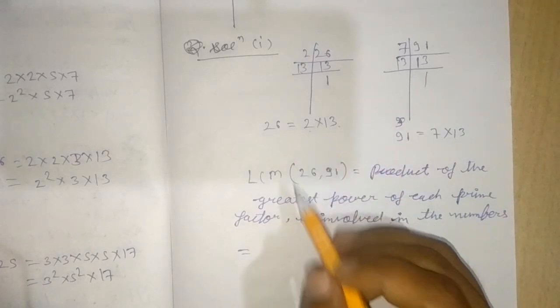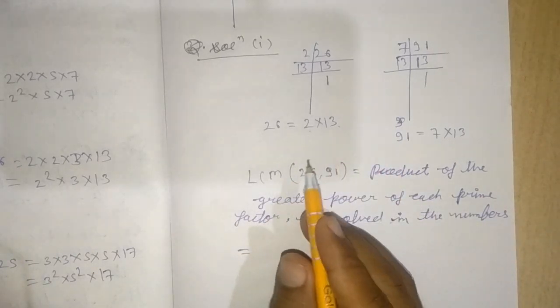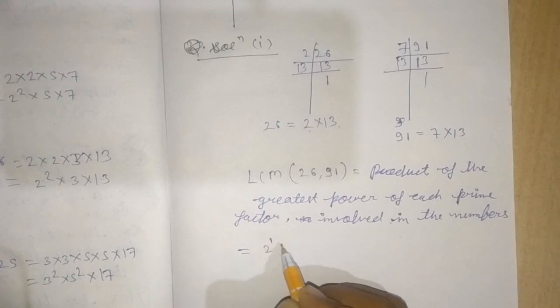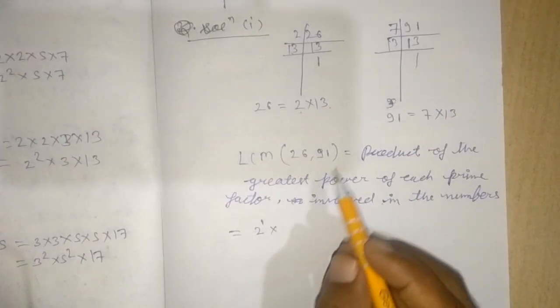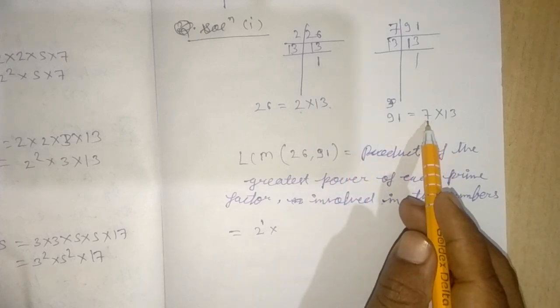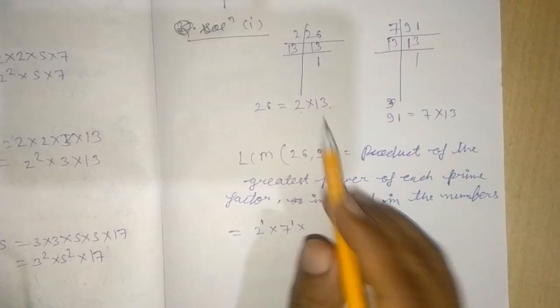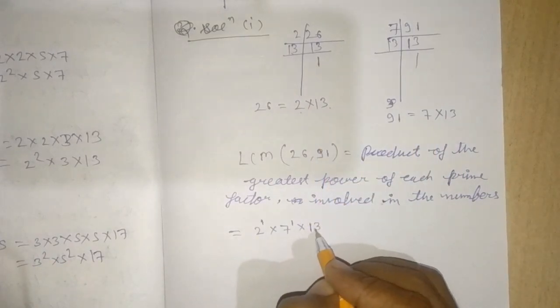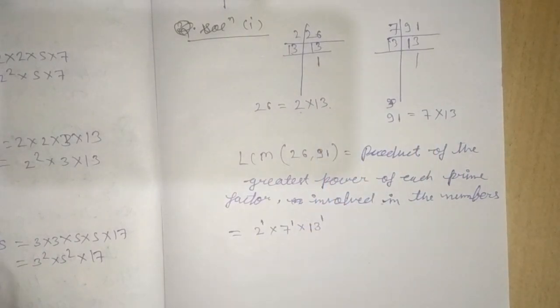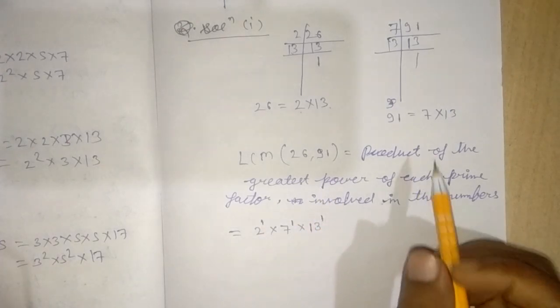We see that the greatest power of 2 is 1. So we write 2 power 1 into the greatest power of 7, also 1, and greatest power of 13 also 1. 13 we write only one time because it is common. We take only one.